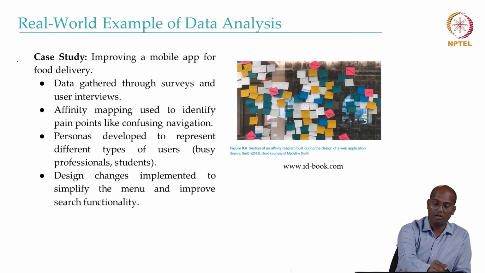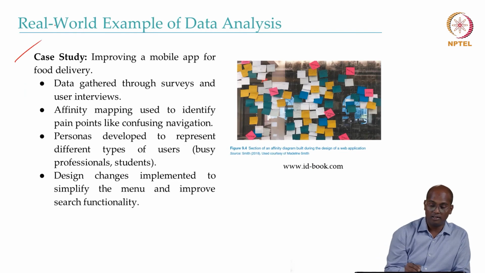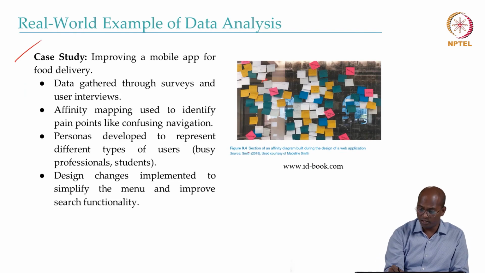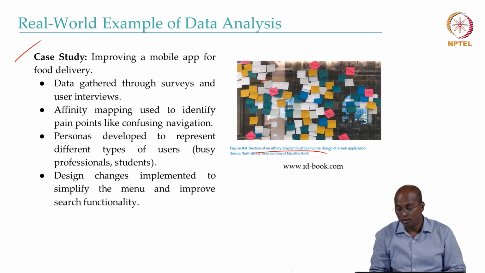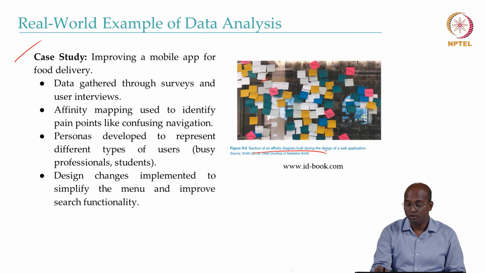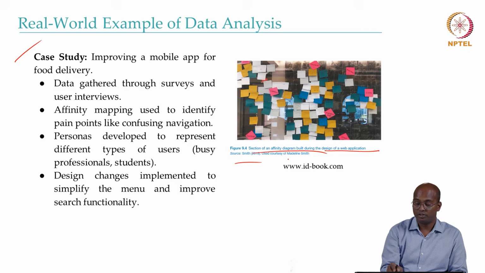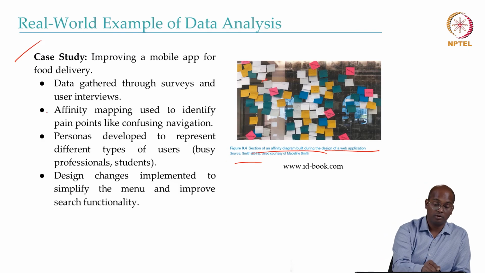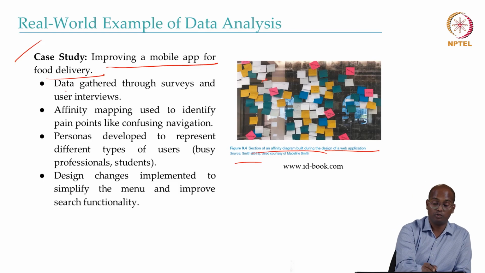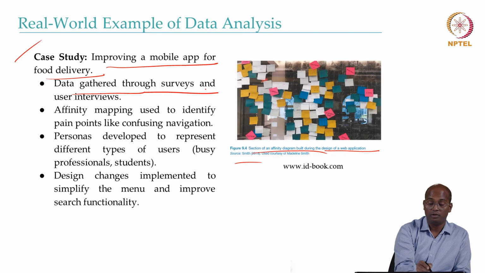So this is an example of data analysis. In this case, you can see an affinity diagram built during the design of a web application, as shown in the book. Similarly, say you are improving a mobile app for food delivery. If we talk about all the steps we discussed, you gather data through surveys or interviews.